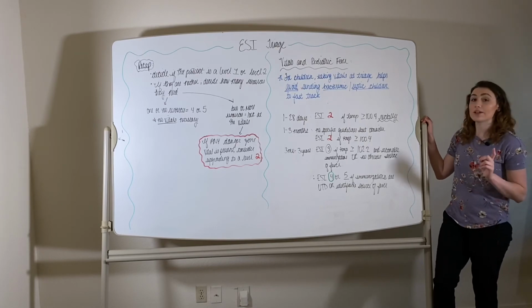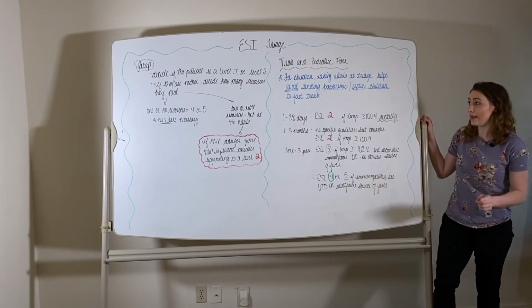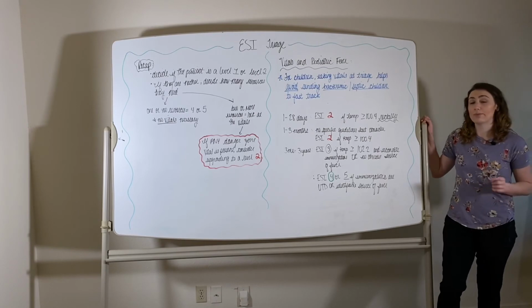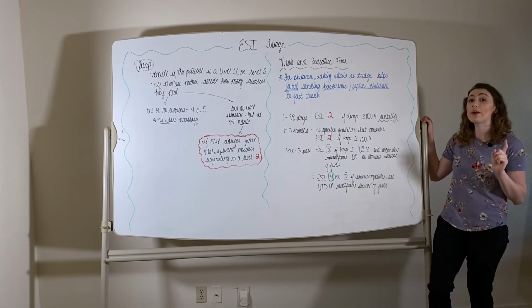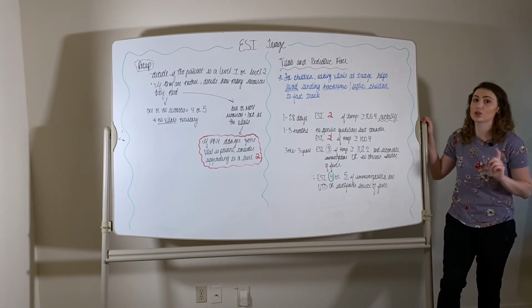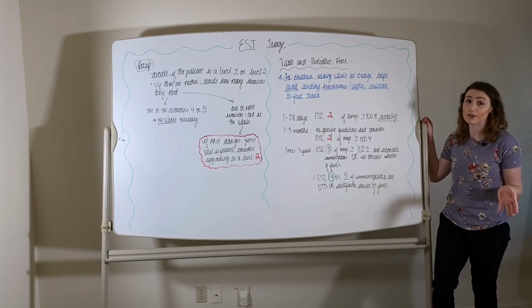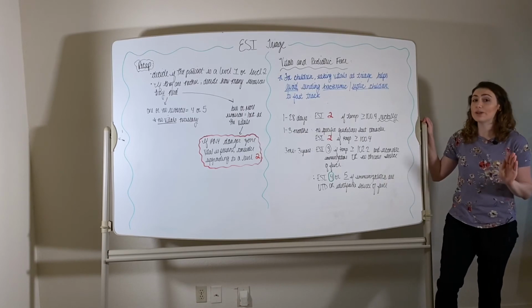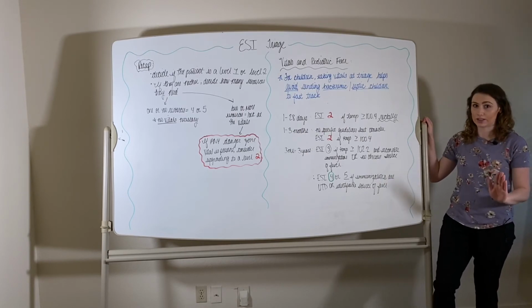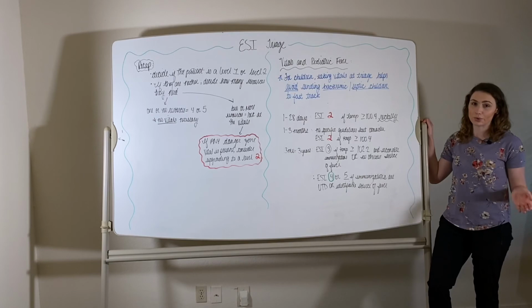So if a child is 1 day old to 28 days old, you should triage them as an ESI Level 2 if they have a rectal temperature of greater than 100.4. That is our official cutoff mark for a fever. And remember, you should always be taking these temperatures rectally because the core temperature is, of course, the most accurate.